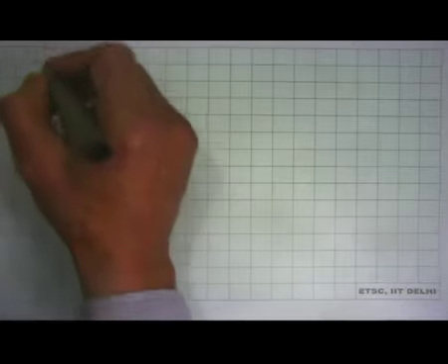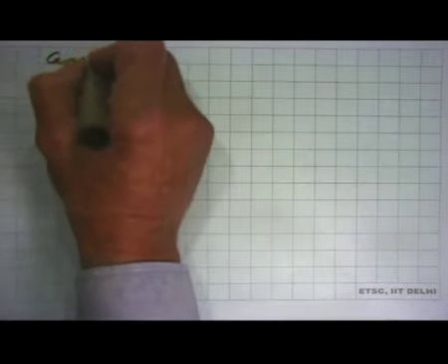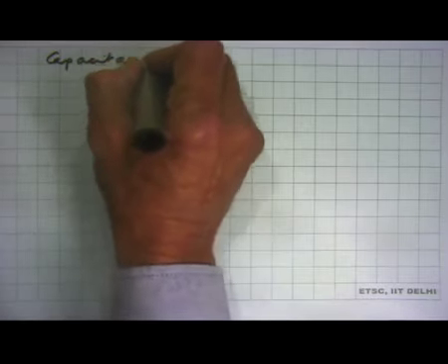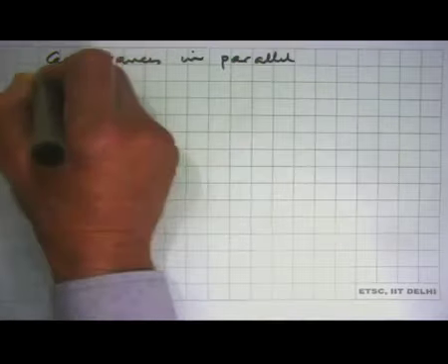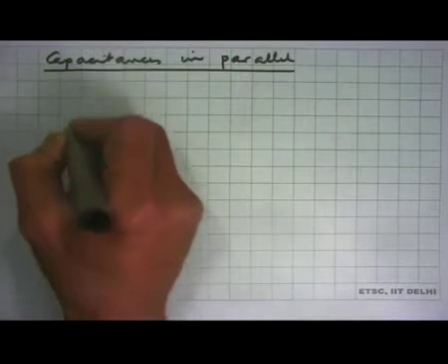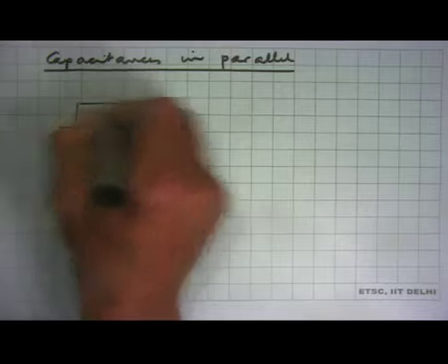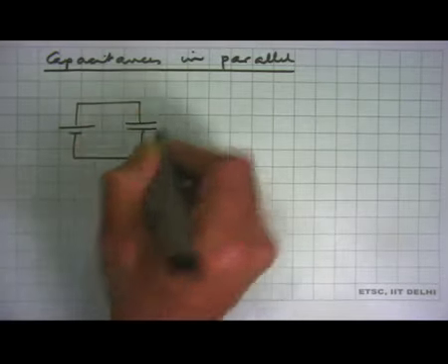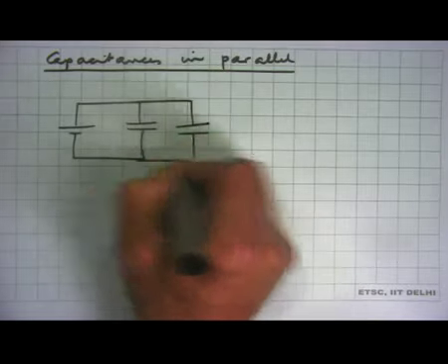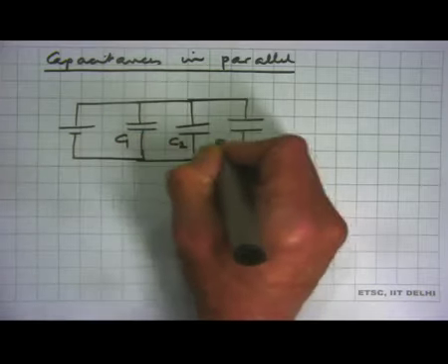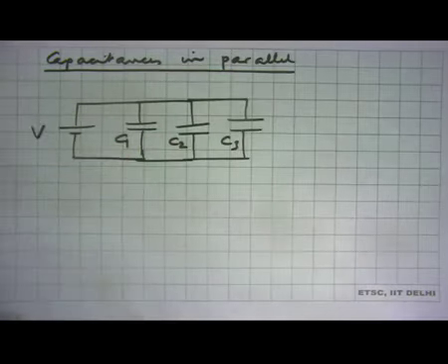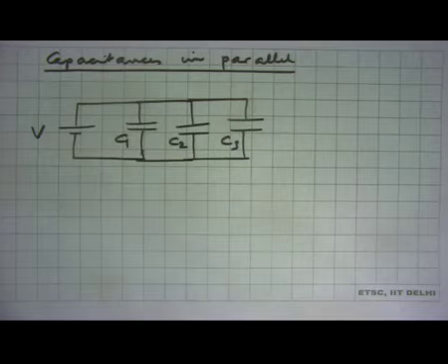Now, I want to discuss what happens to capacitances connected in parallel. So, let me consider the following circuit here. So, I have C1, C2, C3, and V is the potential applied across the 3 capacitors.